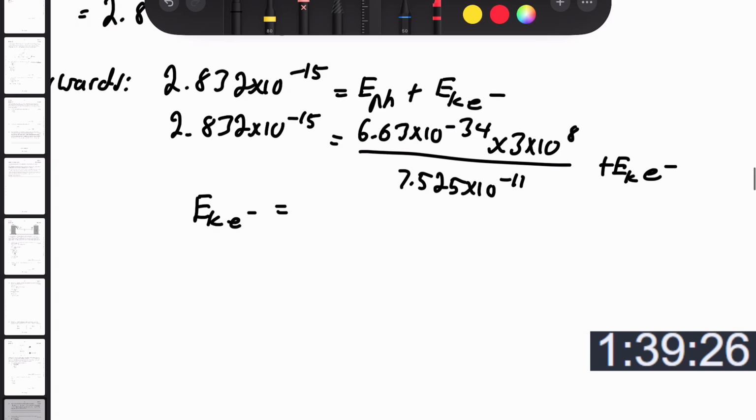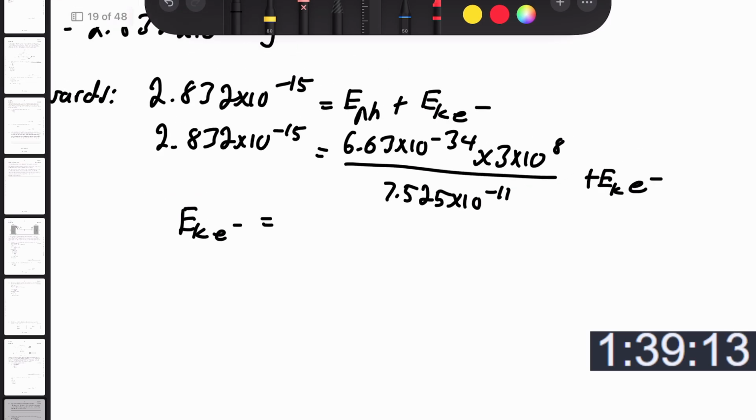So the kinetic energy of the electron is going to be minus that, 1.888 times 10 to the negative 16 joules.